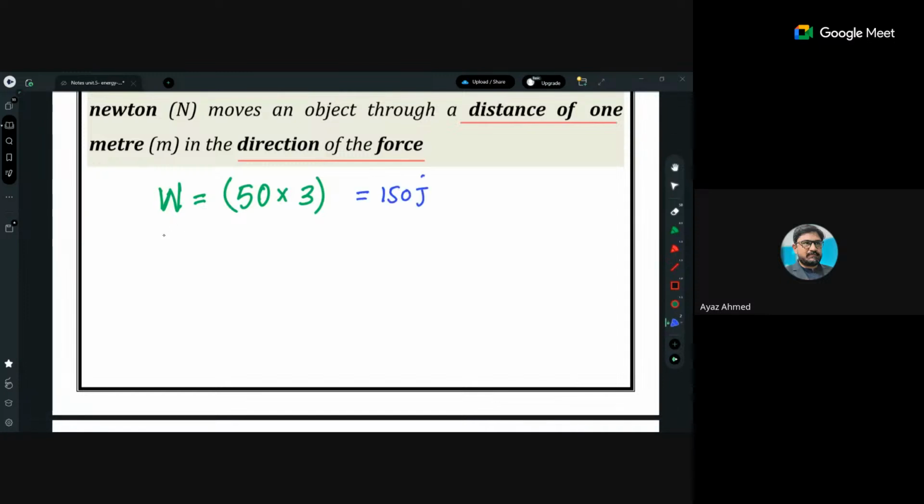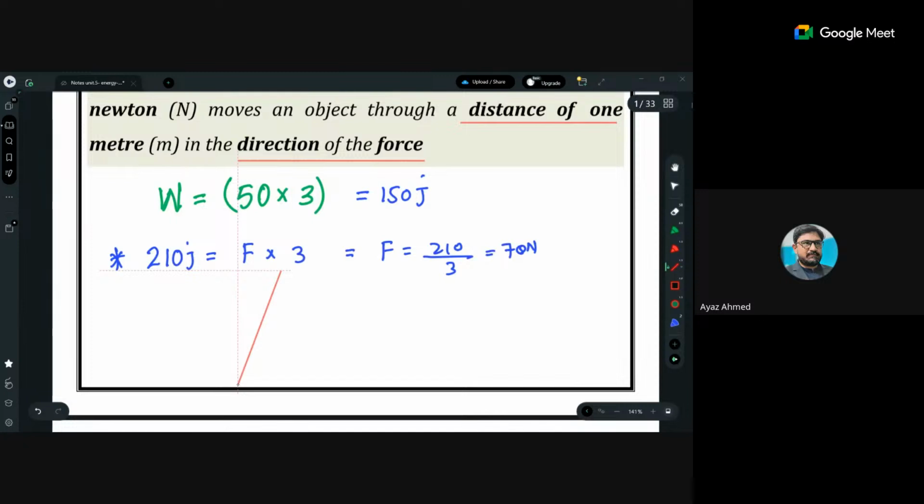And if work is given to you, for example 210 joules, and you are applying some force F on the body to move it through a 3 meter distance, then how much force is required? Force will be equal to 210 by 3, which is 70 Newton. So this is a very easy and gentle equation to be used for work.